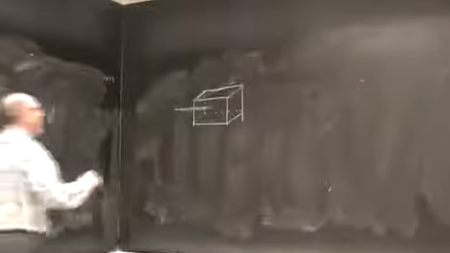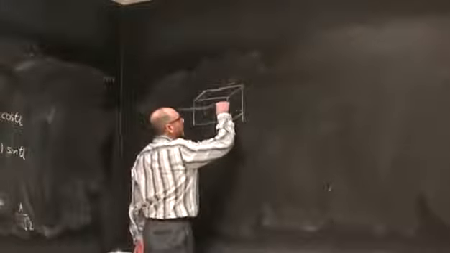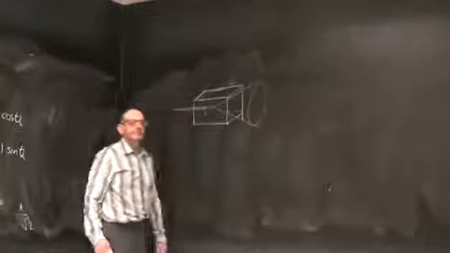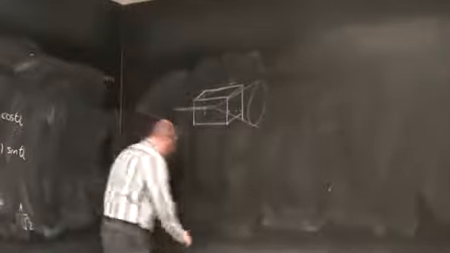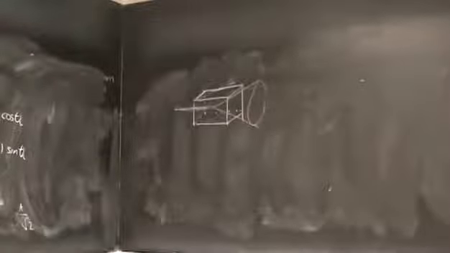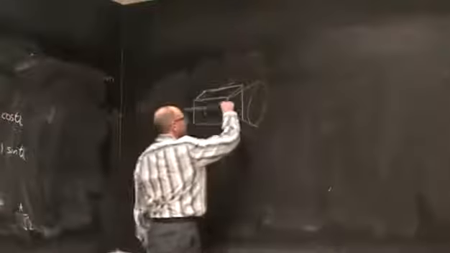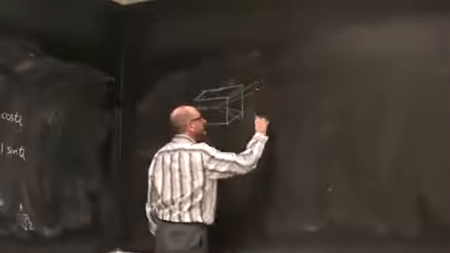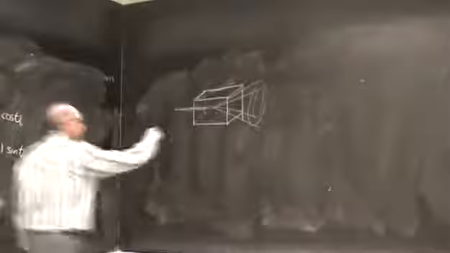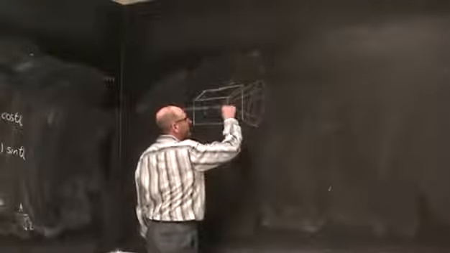We don't know which one's going to happen, but if a photon of this color happens, it's emitted on a cone. Okay? And if a photon is of this color, it's emitted on a cone with a slightly different angle. And if a photon of this color is in this angle, etc.